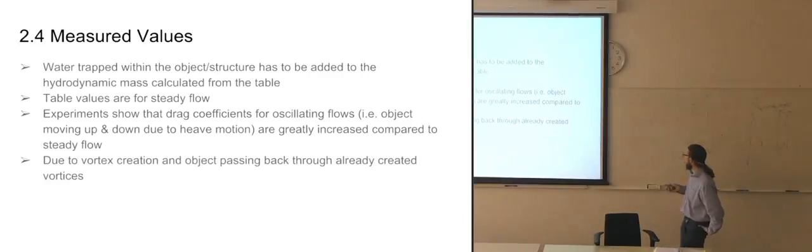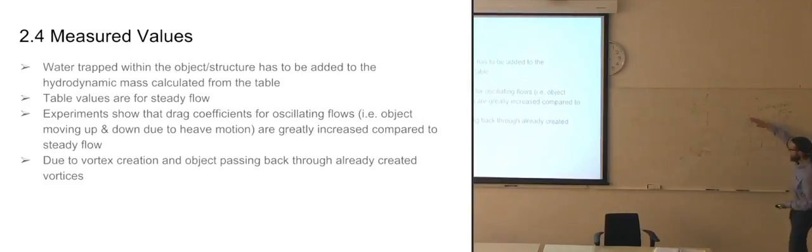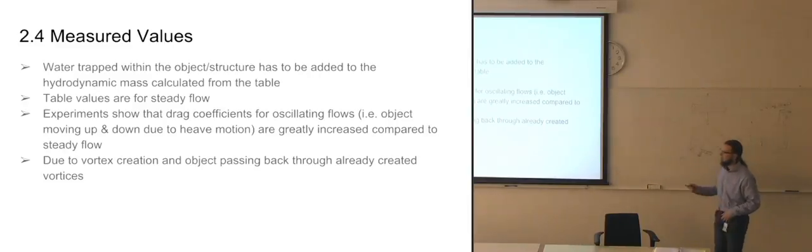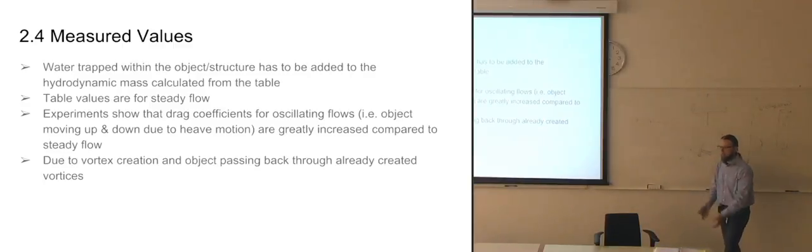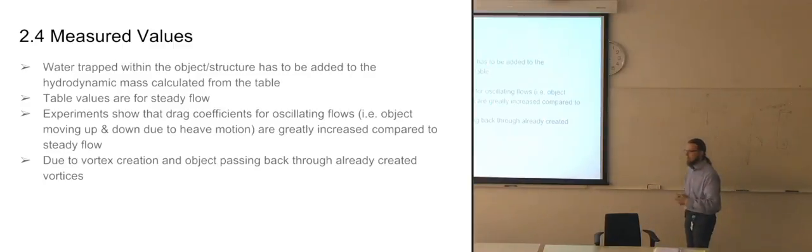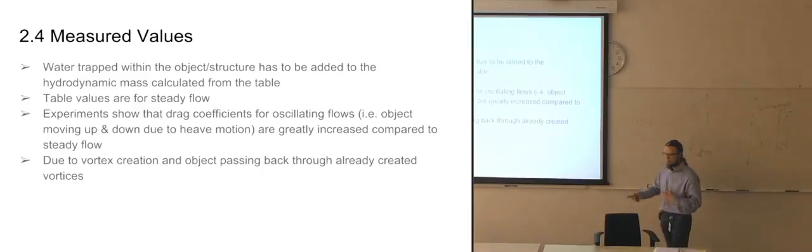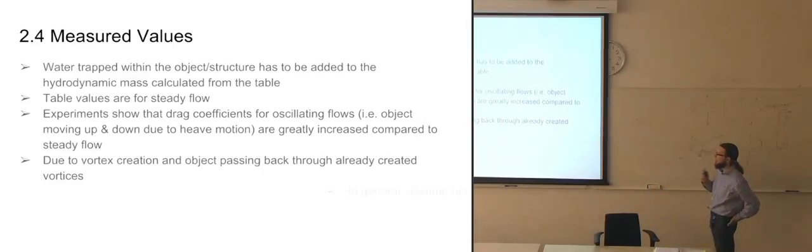And this is because, of course, even though you are lowering the object down, you will have, in this local area, the object moving like this. It will be gradually moving downwards, but it will be moving up and down in that area, where we get these vortex creations, and the object has to constantly pass back through an area where it has just created vortexes. So we get a lot of turbulent flow around the object.